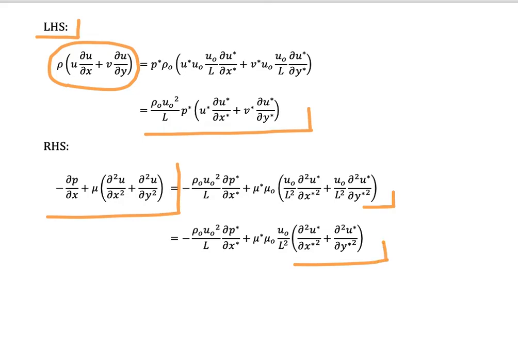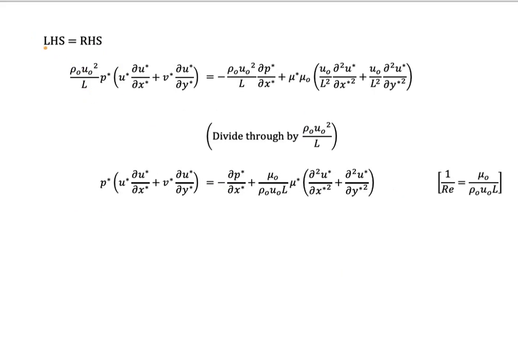this equation. Then we just rewrite this in full terms, left-hand side equal to right-hand side. So we have it like this. And then we could simplify by dividing all the parameters by rho naught, u naught square and L. And finally we get this term.